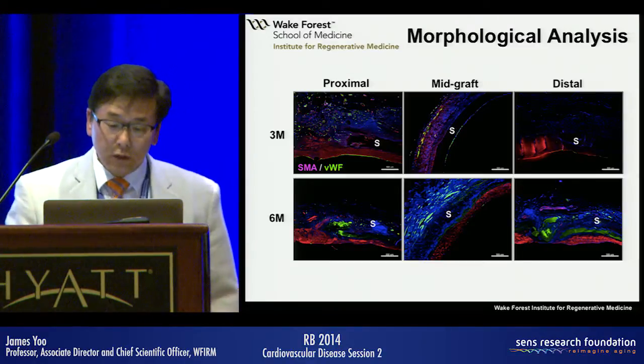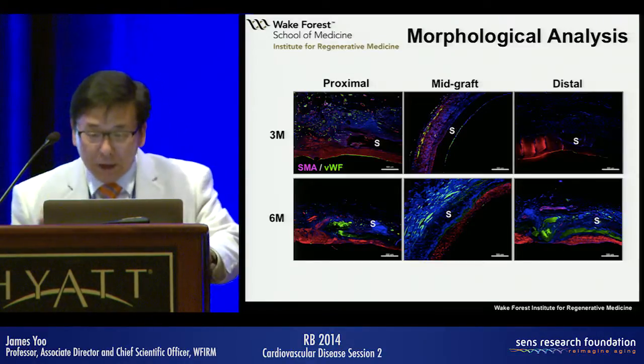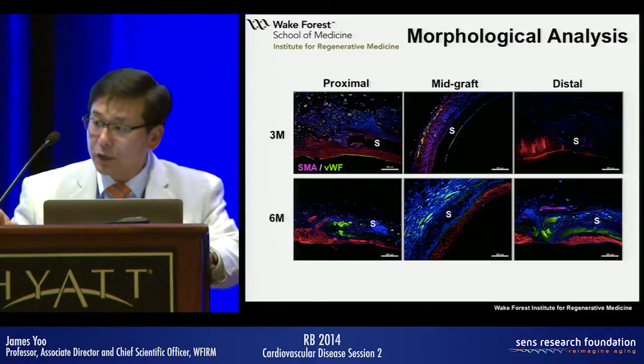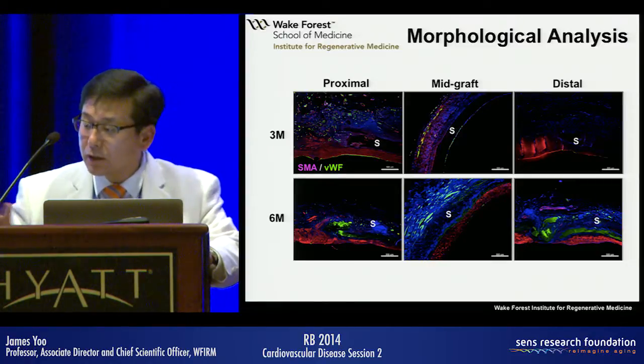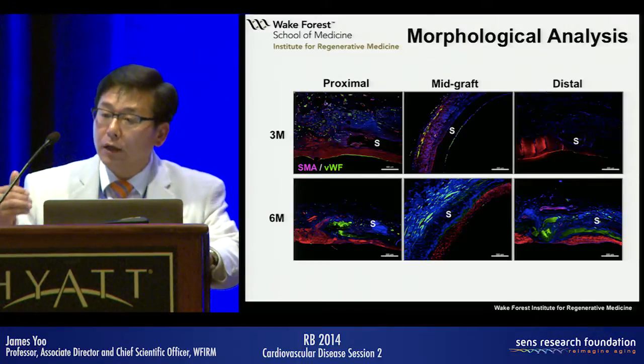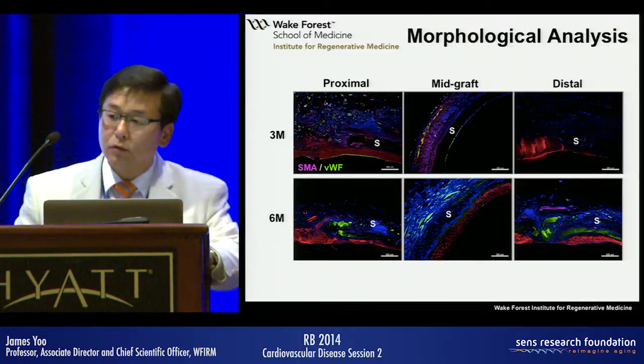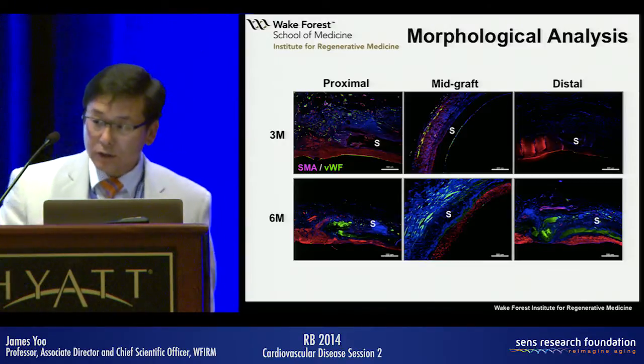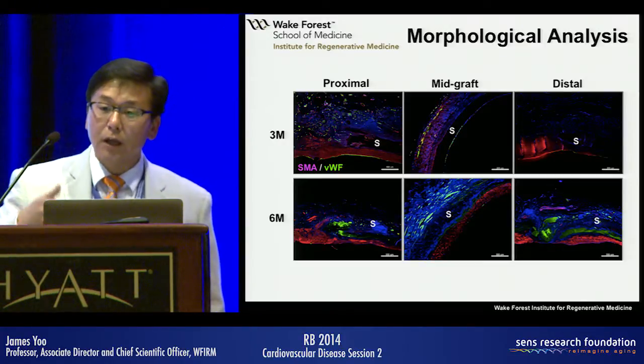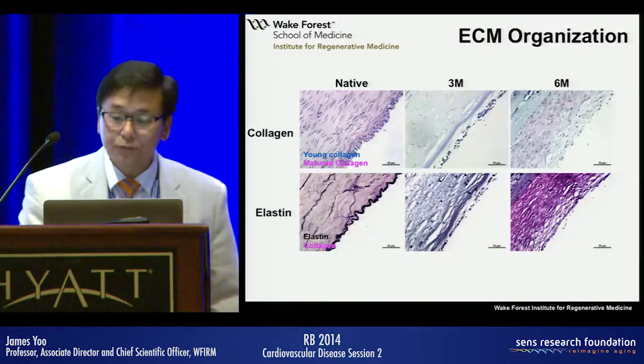So we know that by conjugating this heparin, we're able to maintain not only its function, but over time, the body is able to mobilize those necessary cells and try to repair themselves.